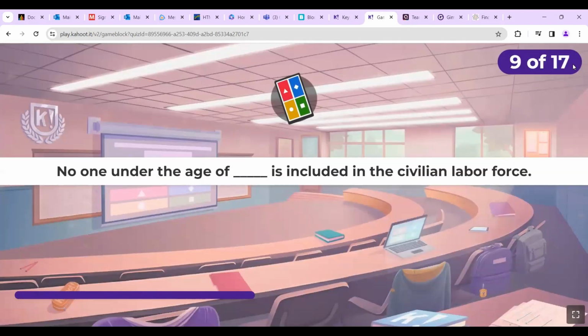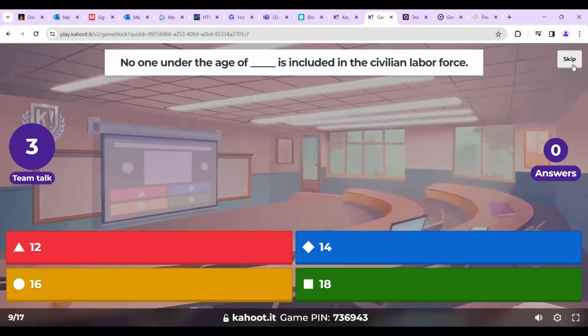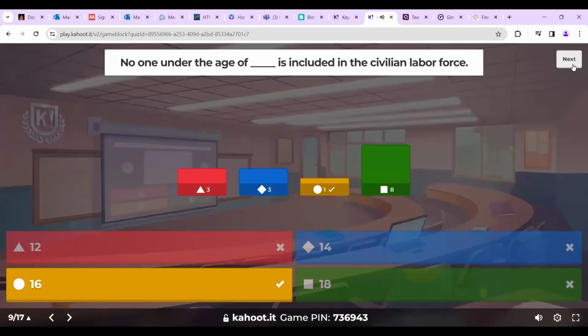So no one under the age of what is included in the civilian labor force? So 16. So no one under the age of 16 is included in the civilian labor force.